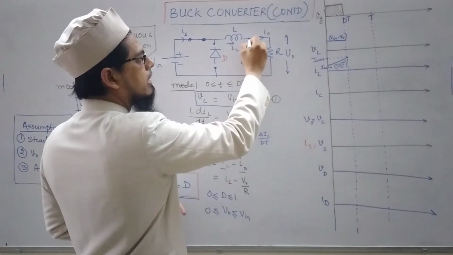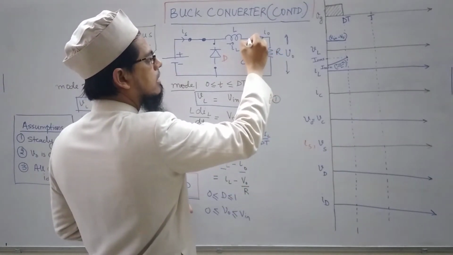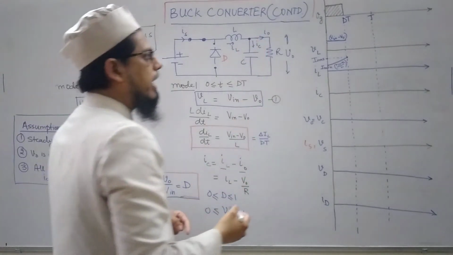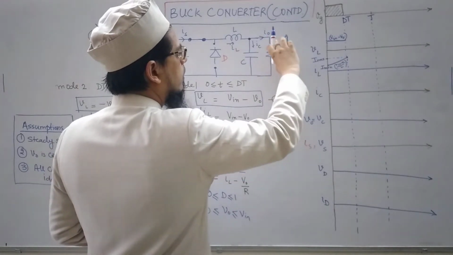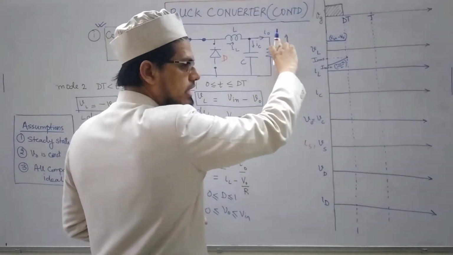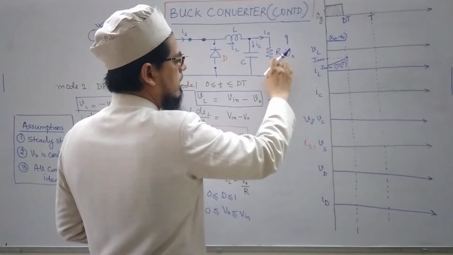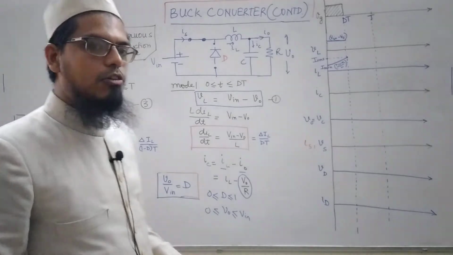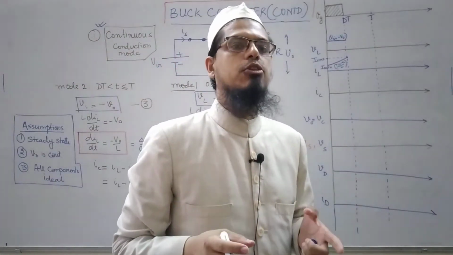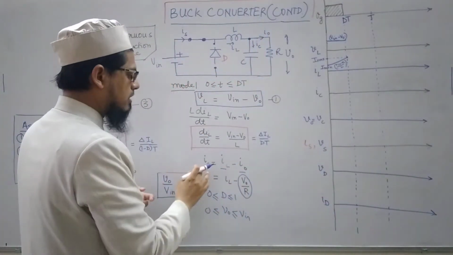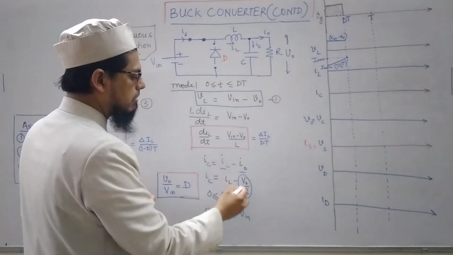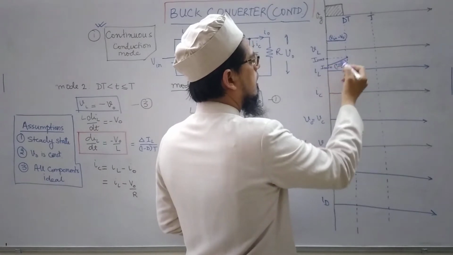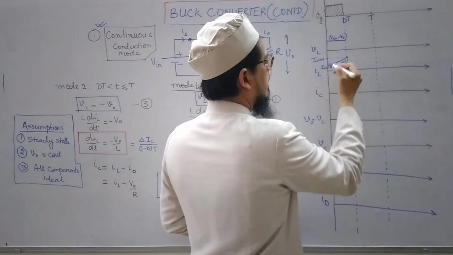Simply applying KCL at this point, we obtain this relation between IC, IL and I naught, and I naught we know is equal to the voltage appearing across the load, V naught, divided by R. So I have written I naught as V naught by R, which is again a constant value. That means IC is IL minus V naught by R.